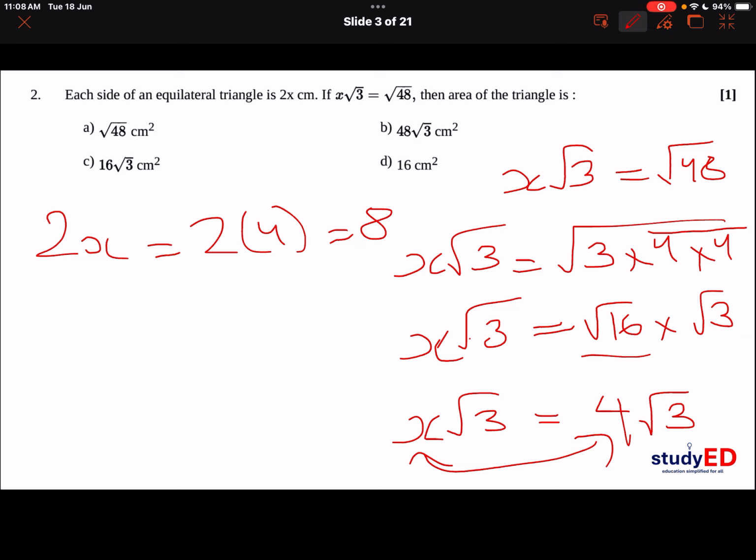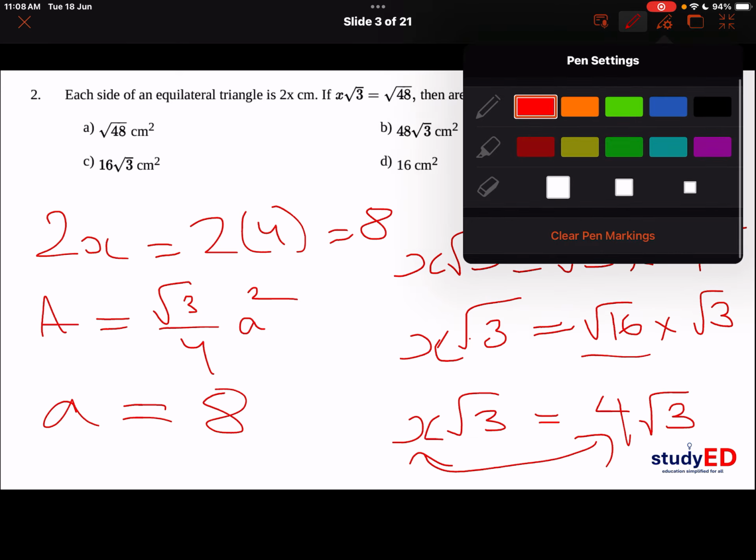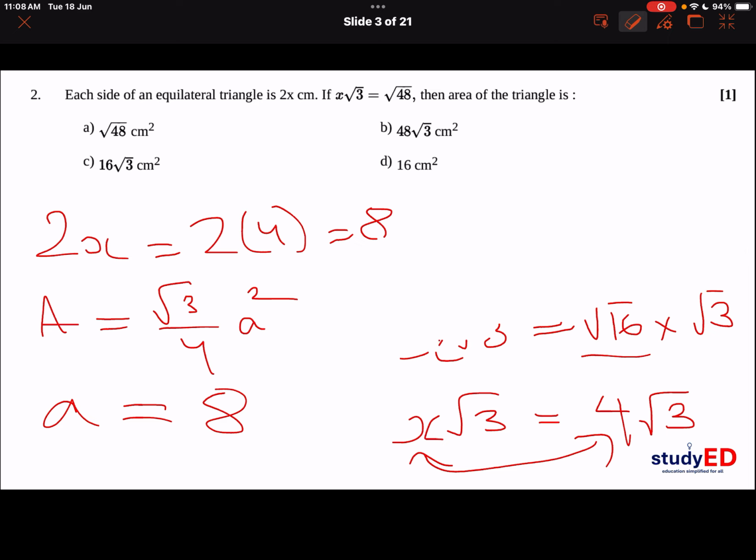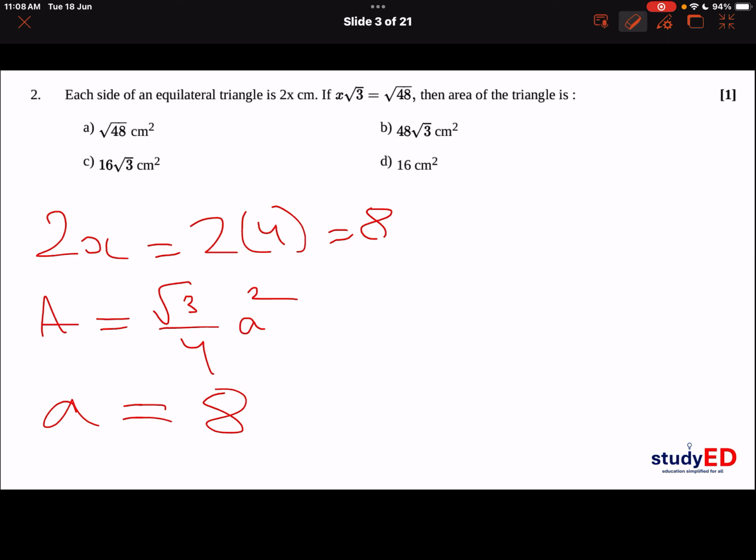Area of the triangle: for an equilateral triangle, the formula is area equal to root 3 by 4 a square. What is a here? a is the side. So a is 8, which we can input into the sum.